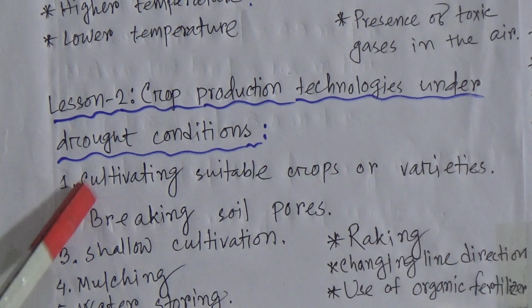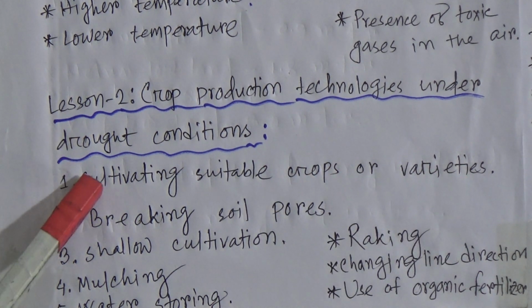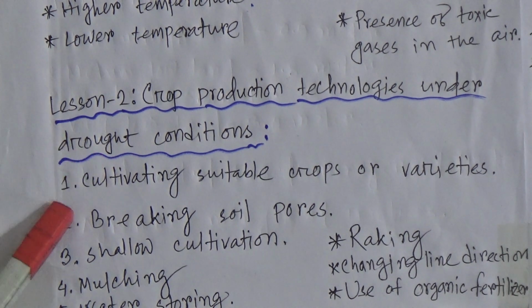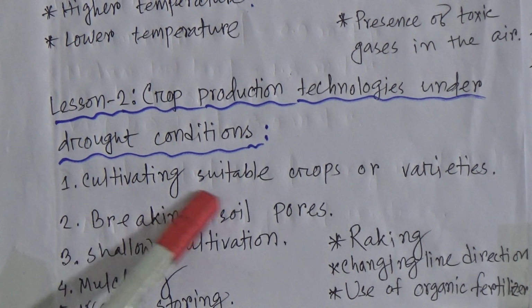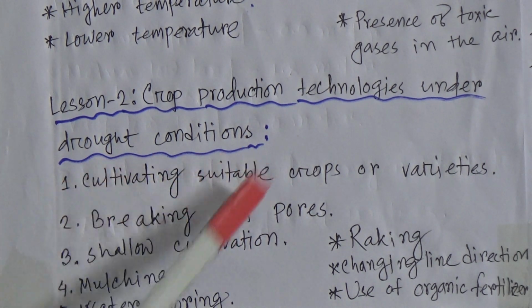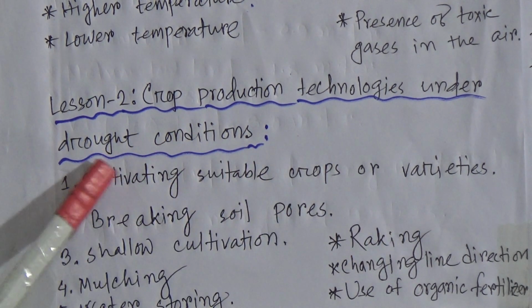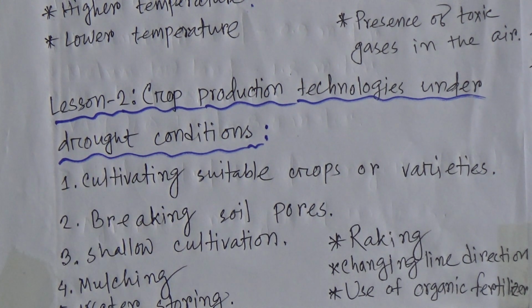Yes friends, if any area is very much drought prone, in that area we have to cultivate such kinds of crops and varieties which are suitable for drought. That means those crops would be able to grow if there is any drought.